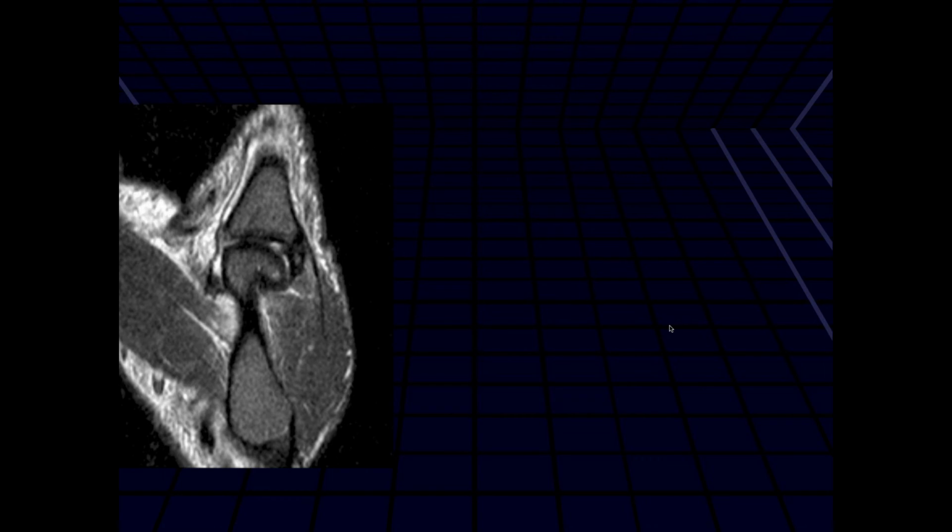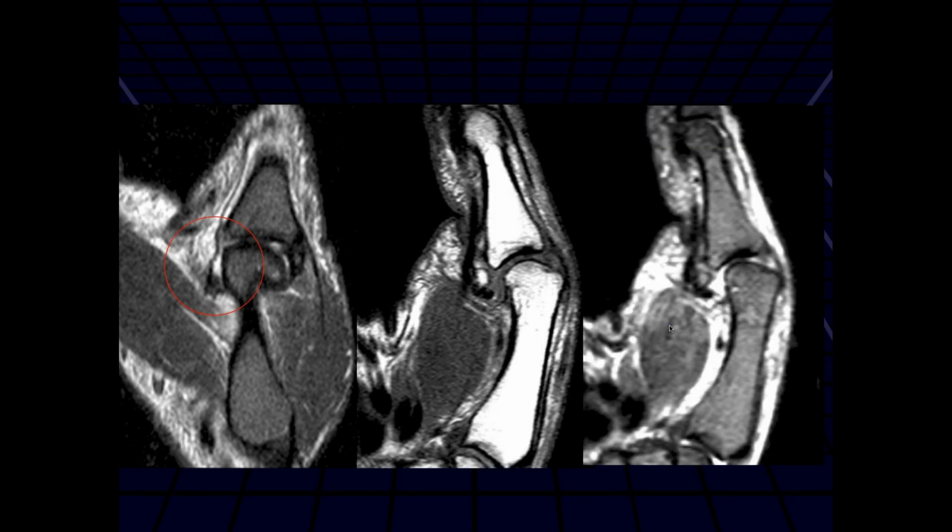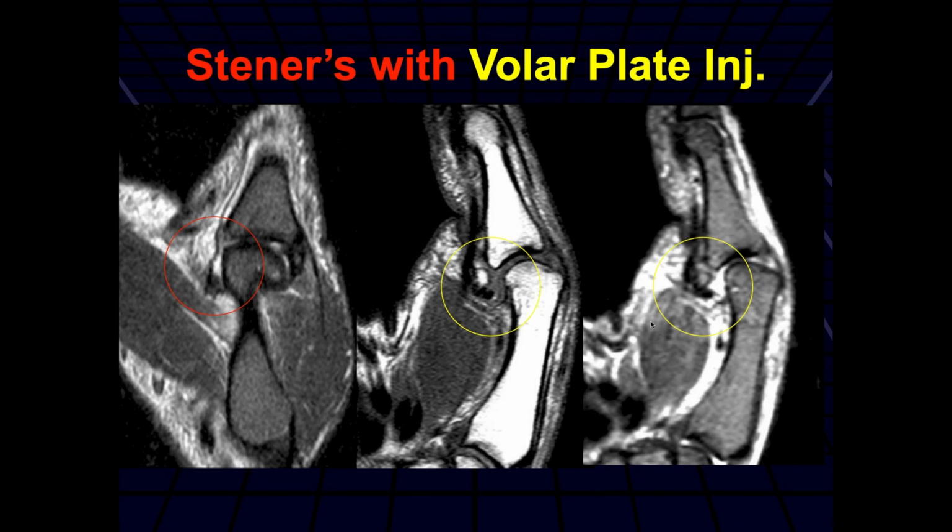Okay, so at the ulnar collateral ligament, it looks like it's torn and distally retracted. That little dot of hypointensity was probably bundled up, and that is the aponeurosis, and it looks like a yo-yo on a little string. Yeah, and it's also had a volar plate tear as well, which you can see there. On the sagittals through the thumb, you can see that the volar plate is disrupted proximally.